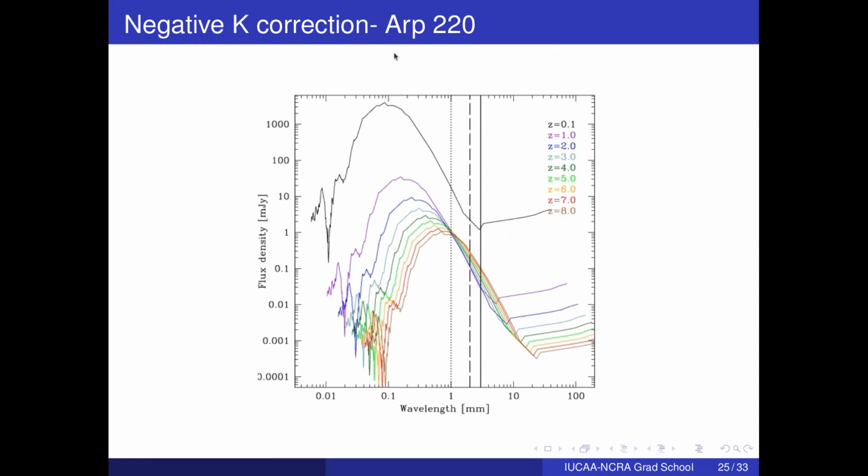What they've done is they've taken the spectrum of Arp 220 and they have redshifted it from some low value out to some high value. And at high wavelengths, the spectrum is such that it has what is called a negative K correction. Do you people understand what is meant by K correction? Normally the K correction term is a positive number, so many magnitudes. Here it has a negative K correction.